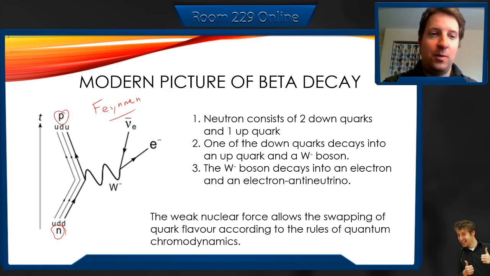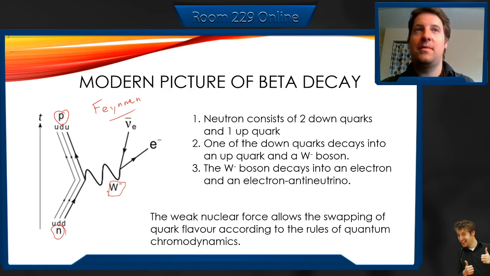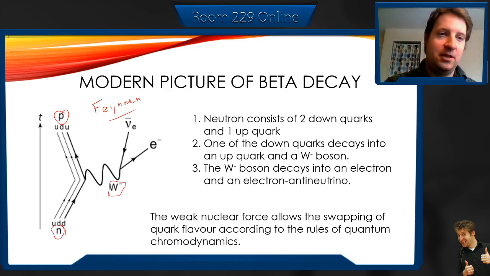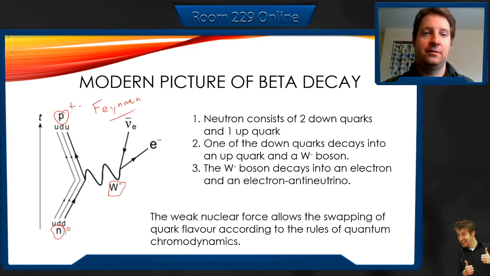So then for that to happen, it has to give off a boson, right? Because there's some force acting on this to change the flavor. It gave off this weak W minus boson. That's where the negative charge went, because this went from a neutral neutron to a positive proton. To conserve charge, we have to have a negative thing being made.